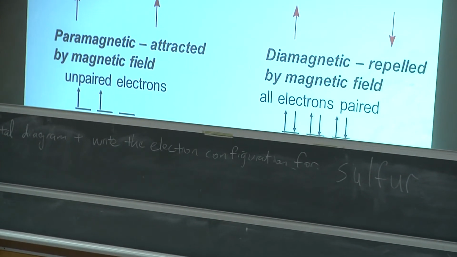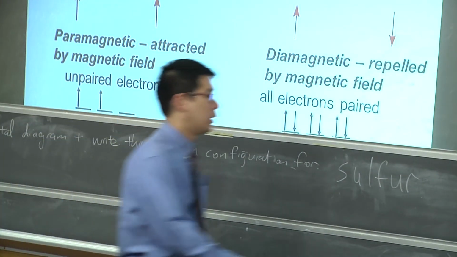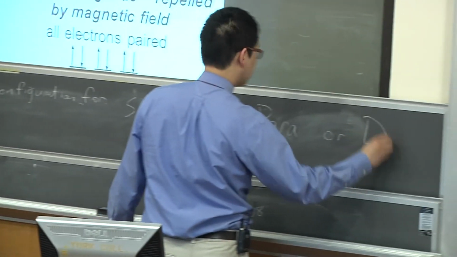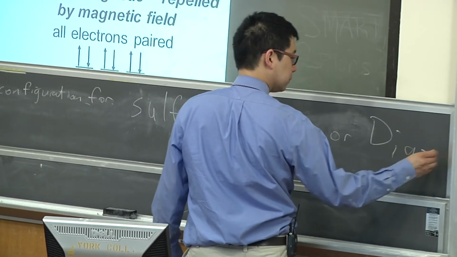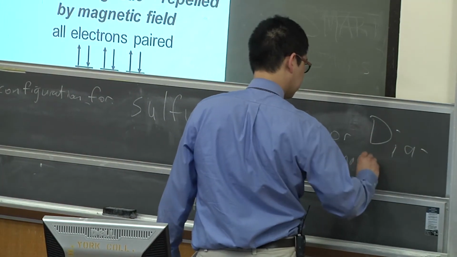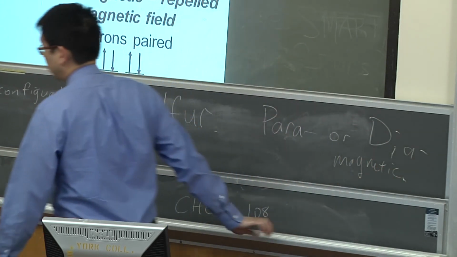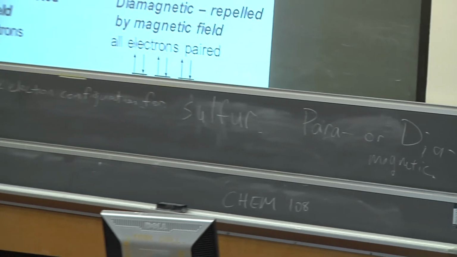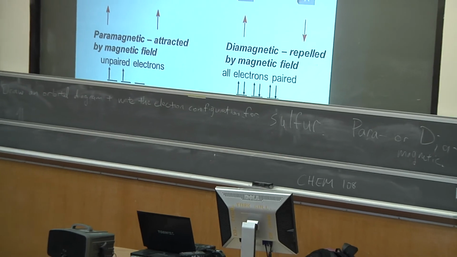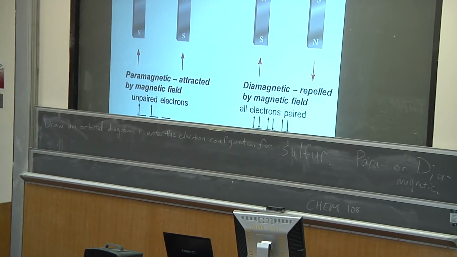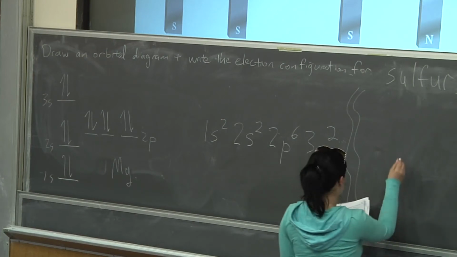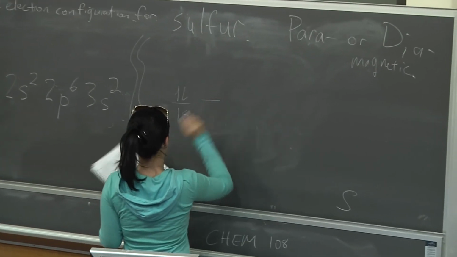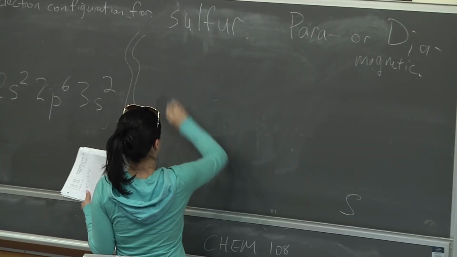And let's ask also, is it para or diamagnetic? Okay, so put your heads together gently and do it. Maybe start a little lower, just because you might run out of space.